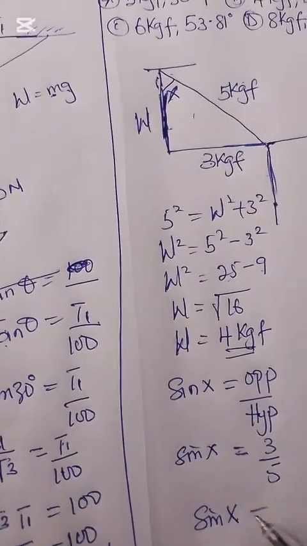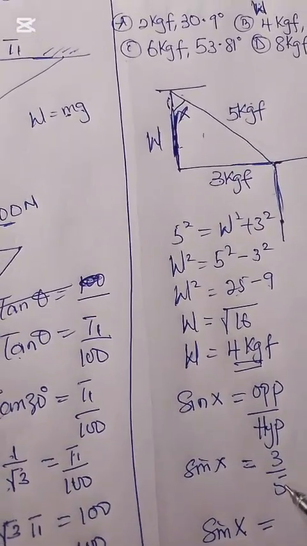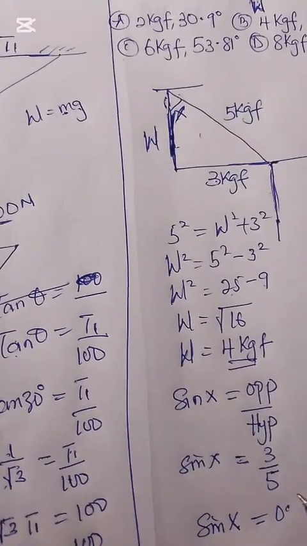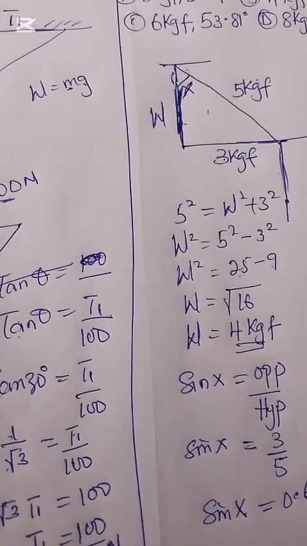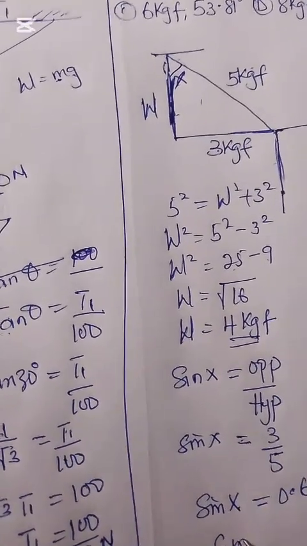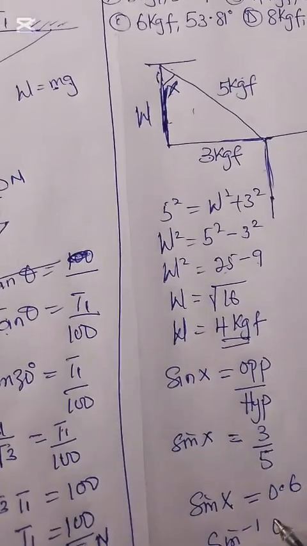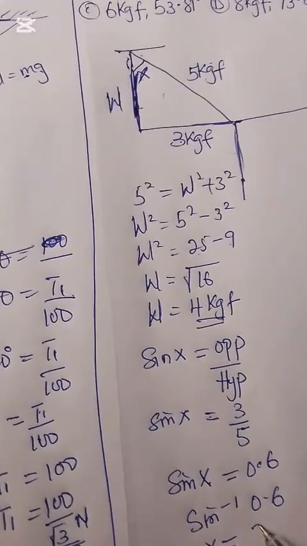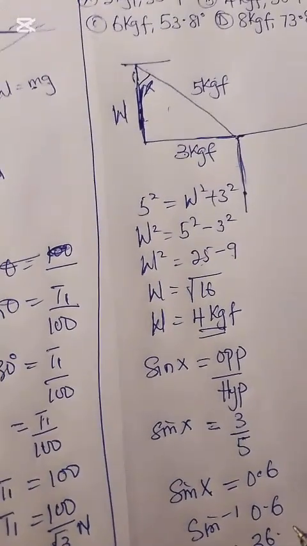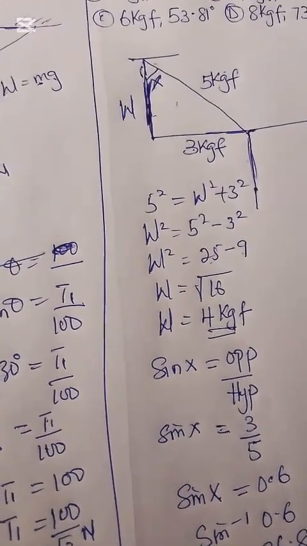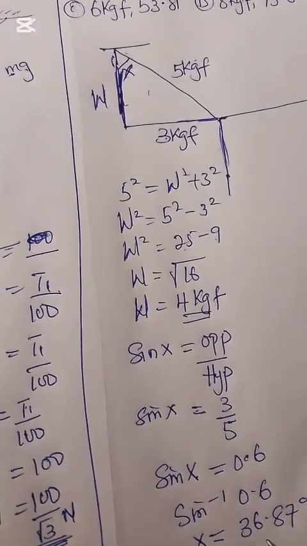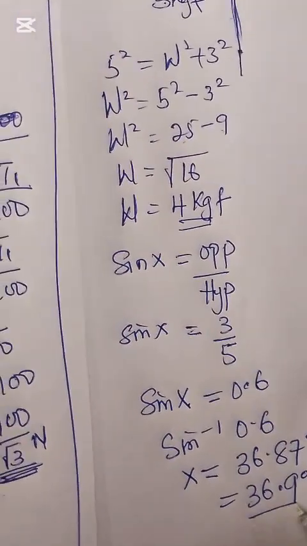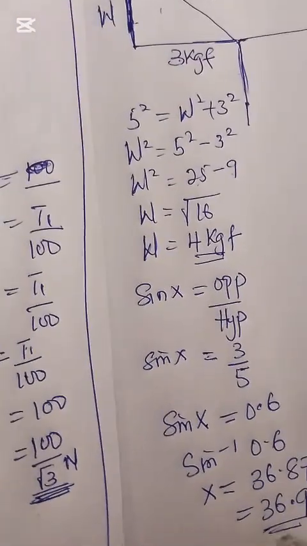Sine X will now be equal to, if you divide 3 by 5, you have 0.6. So that sine inverse of 0.6 will now give us X equal to 36.87 degree, which is approximately 36.9 degree. That is how you find the answer.